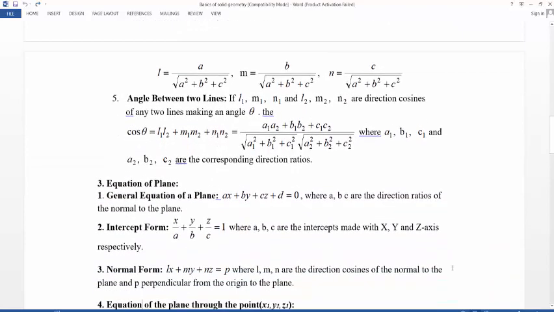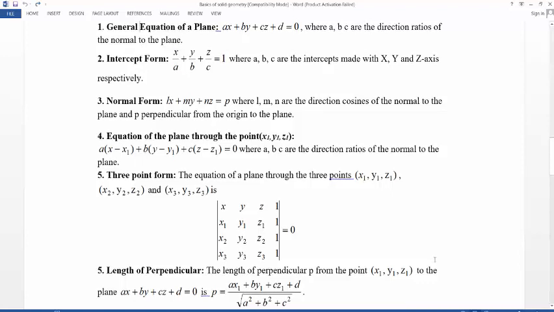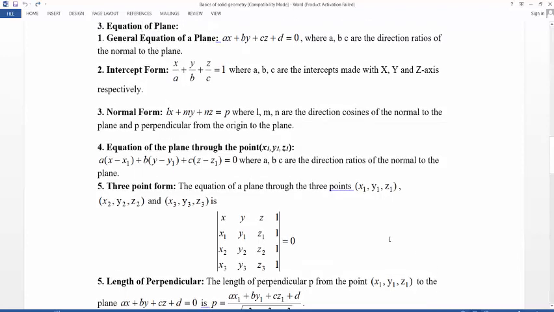Now equation of plane. We already know the plane. So general equation of plane is given by Ax plus By plus Cz plus D equal to 0, where A, B, C are direction ratios of the normal to the plane. Intercept form of equation of plane.